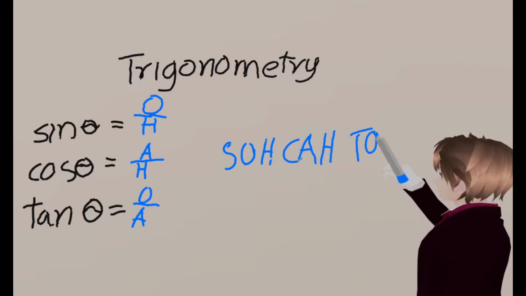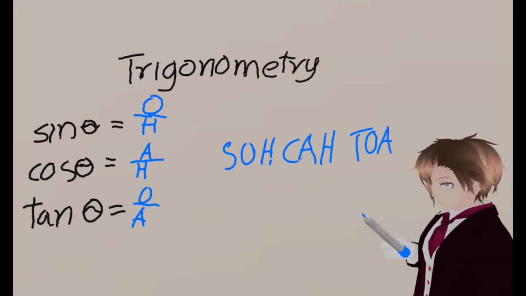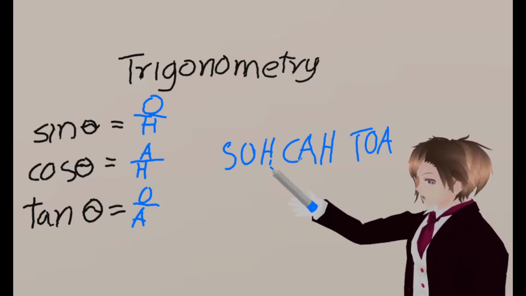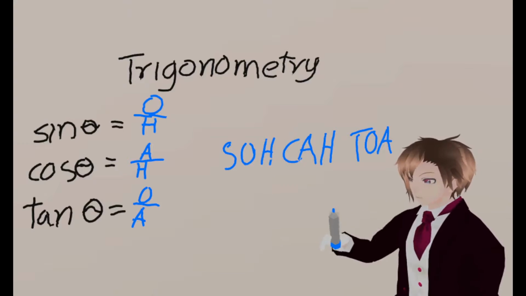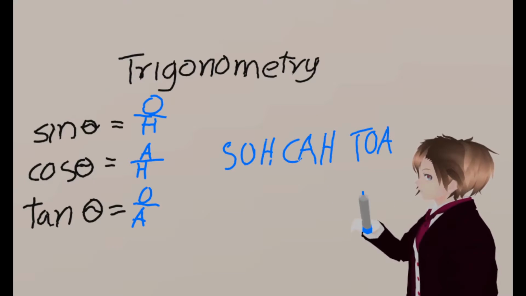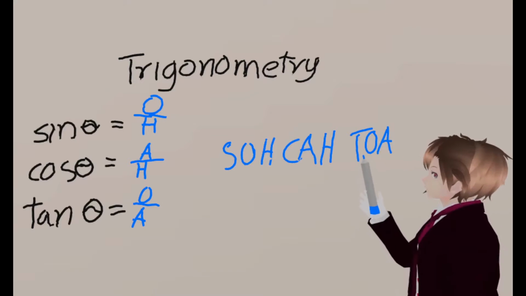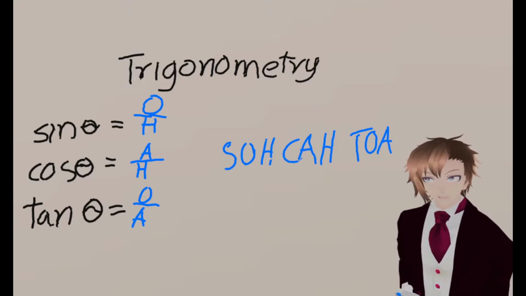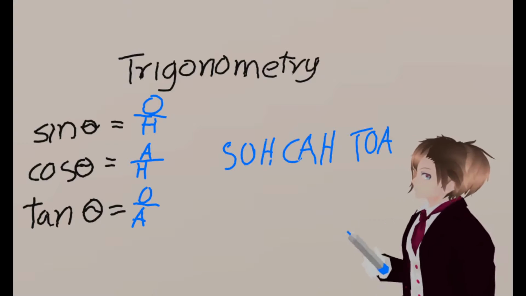Sine is equal to the opposite over the hypotenuse. Cos is equal to the adjacent over the hypotenuse. And tan is equal to the opposite over the adjacent.